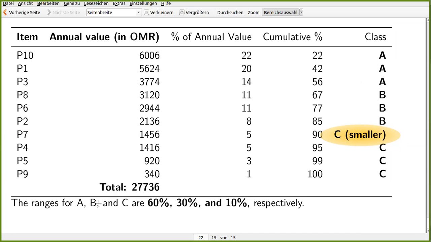Now the class B is 30 percentage units wide, but you cannot look at numbers below 30. You have to look at numbers from 60 until 89.9. And for the class C, it's everything from 90 until 100%.